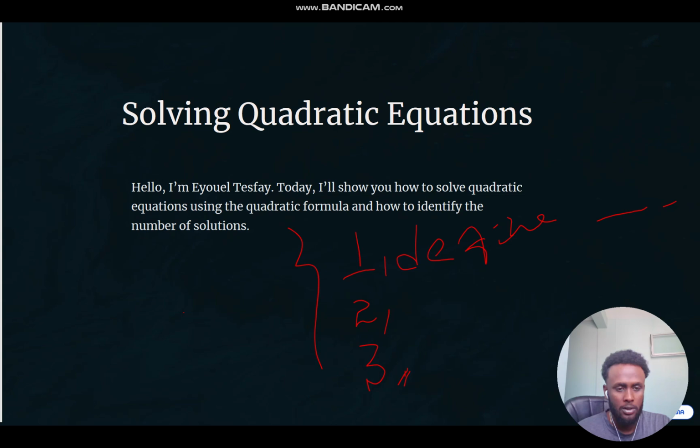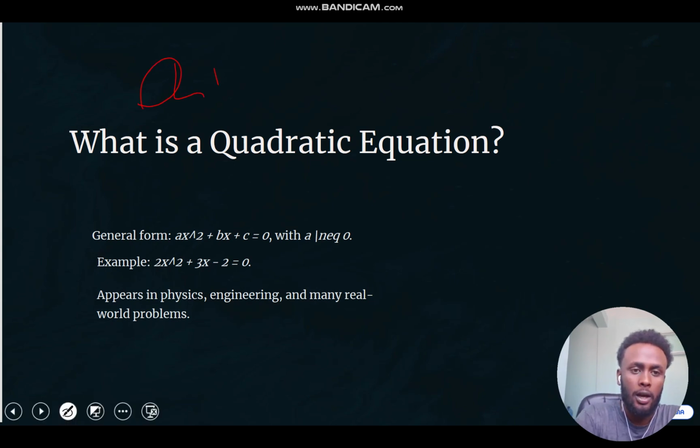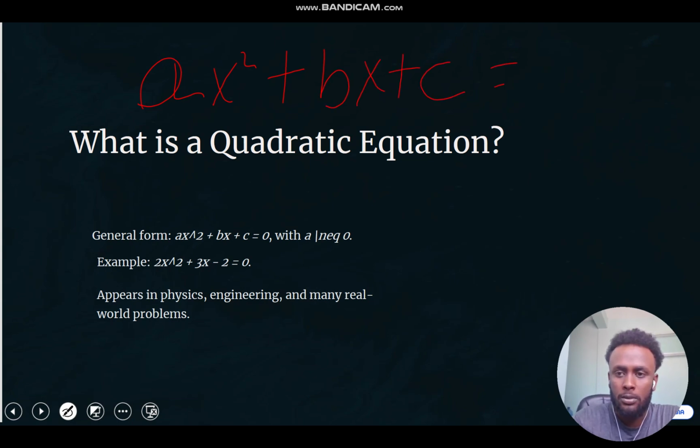So based on this, what is a quadratic equation? A quadratic equation is an equation that is expressed in the form of ax squared plus bx plus c equals 0, where a, b, and c are constants.